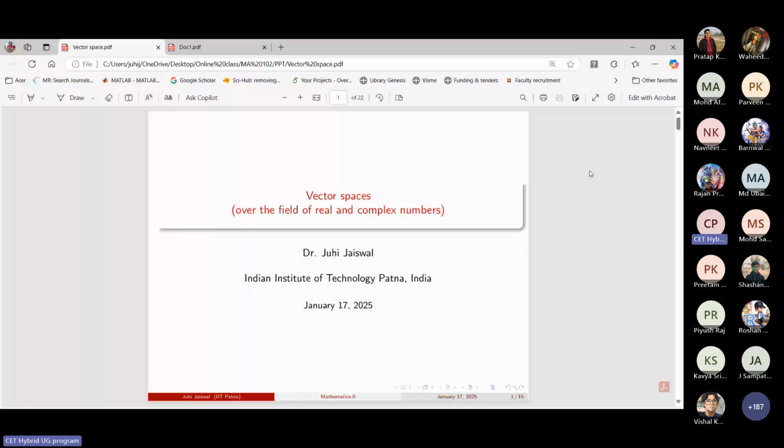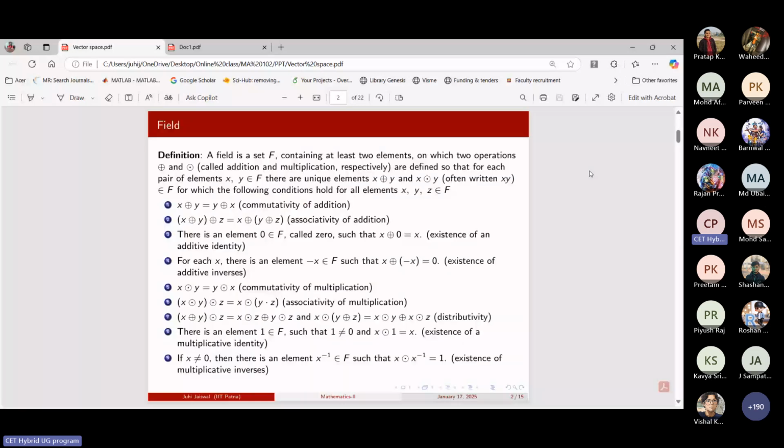Okay. Now what is a vector space? We have to read vector space over real and complex fields only. So before that we need to know what is a field.